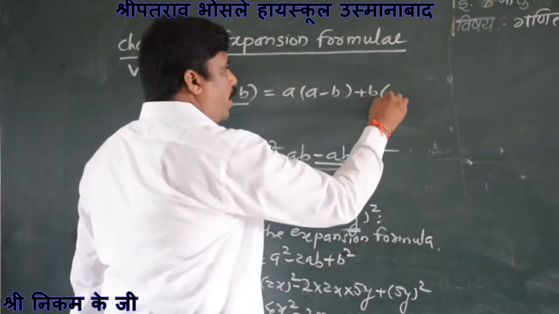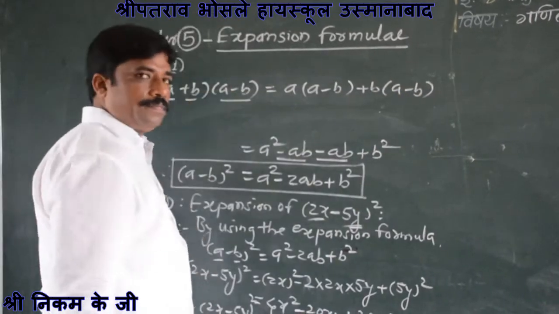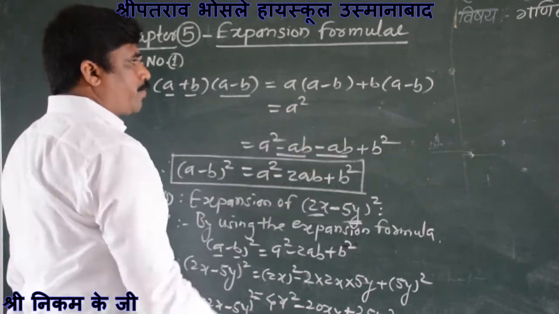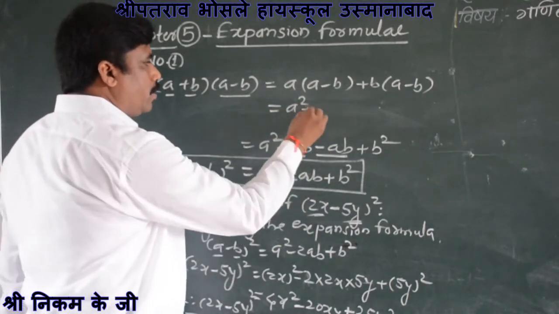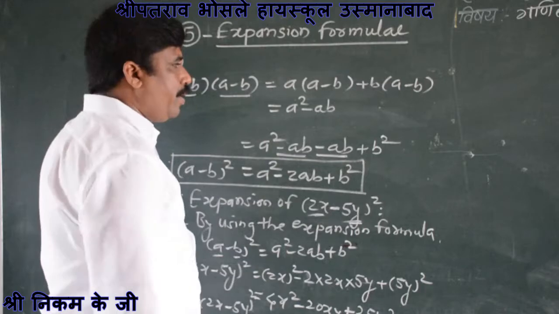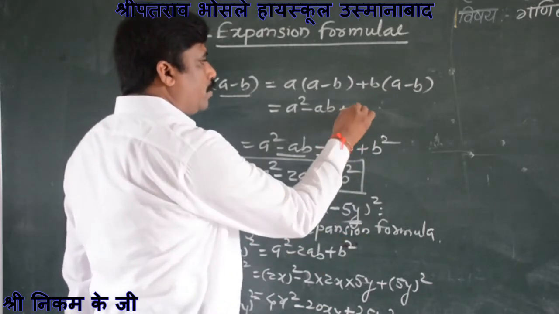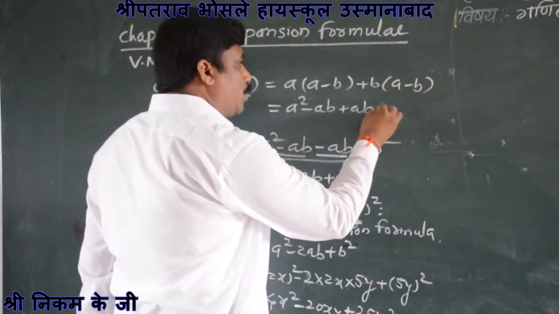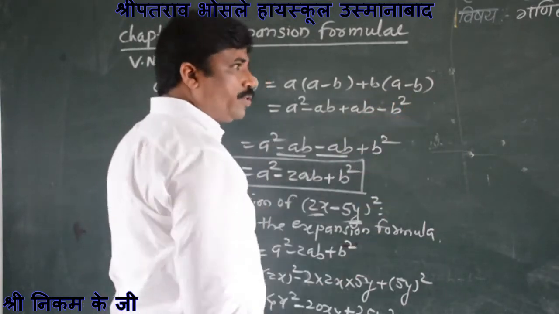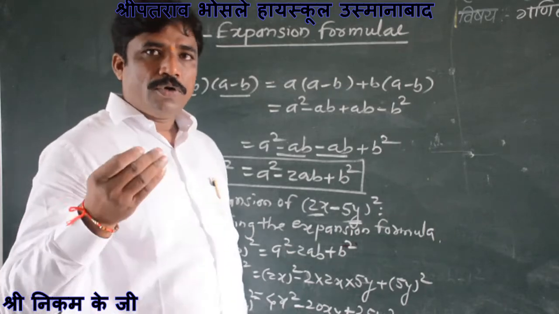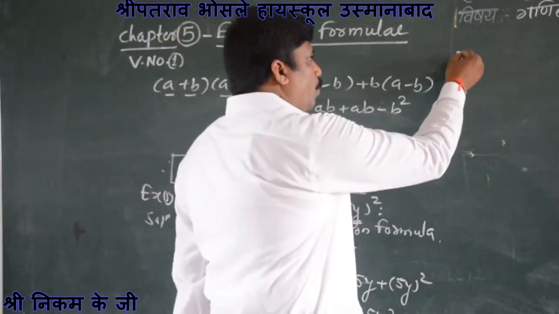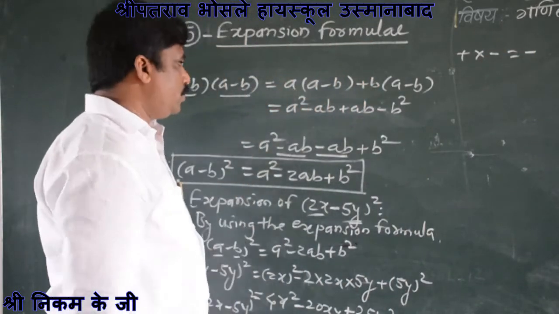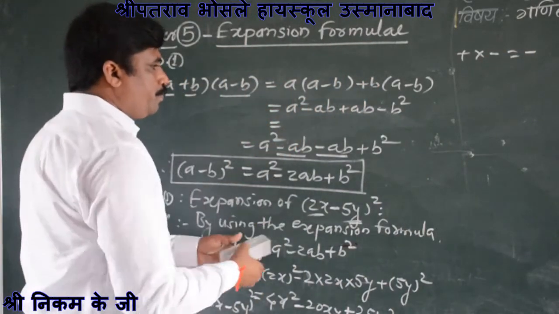which is equal to a into a, a square, a into minus b, minus ab, and plus b into a, plus ab, plus b into minus b, that is equal to minus b square, because the sign of multiplication plus into minus is minus.